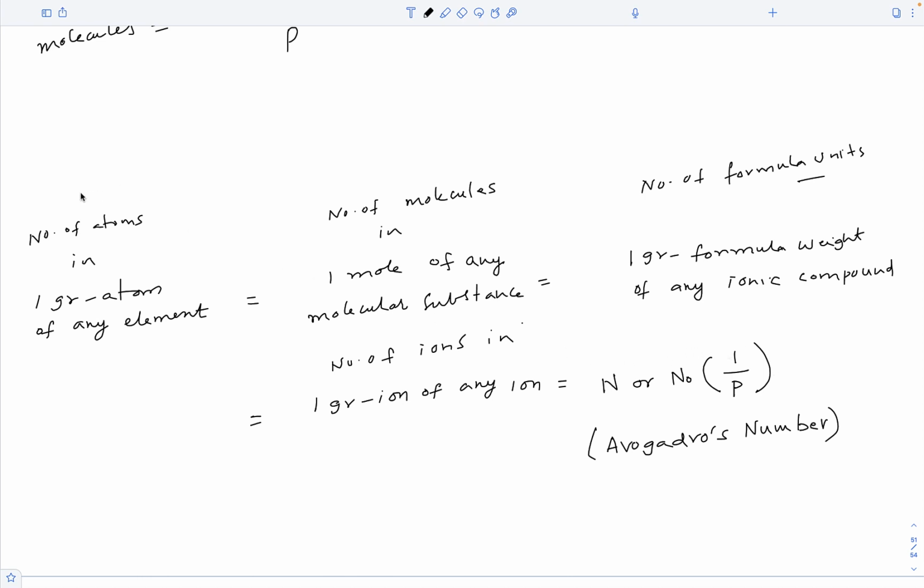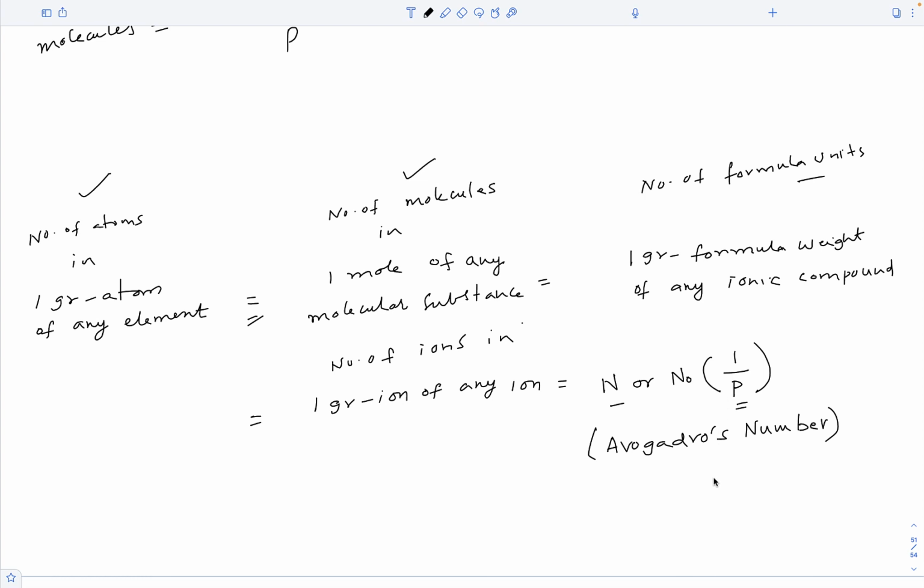So we can say the number of atoms in 1 gram atom of any element is equal to the number of molecules in 1 mole of any molecular substance, that is equal to the number of formula units in 1 gram formula weight of any ionic compound, that is equal to the number of ions in 1 gram ion of any ion, and that is equal to 1 over p, where p is that conversion factor between unified atomic mass unit and gram.